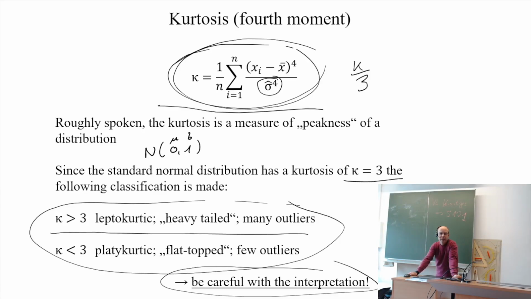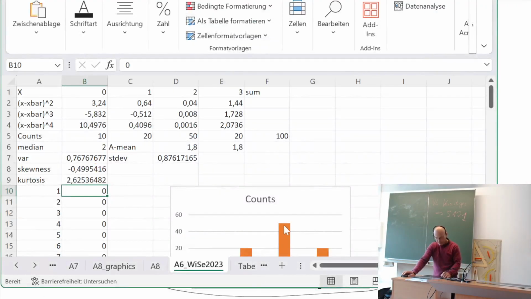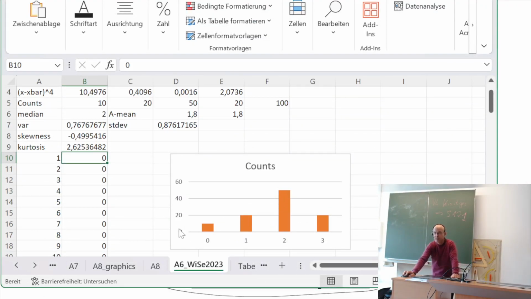This would mean that we are quite close to the normal distribution. Well, and also if we have a look at this, this looks more or less like a broad normal distribution. So we are also not very surprised that we are quite close to a kurtosis of 3.